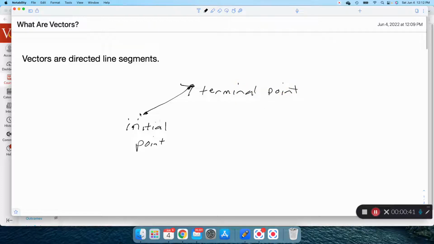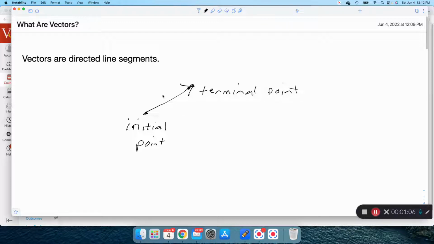So a vector is like a line segment that starts here and goes this way. It flows. It's an arrow. It's a little arrow. We denote vectors in your book using bold. We'll use the letter V or W or M, and we'll make it bold to indicate that it's a vector.